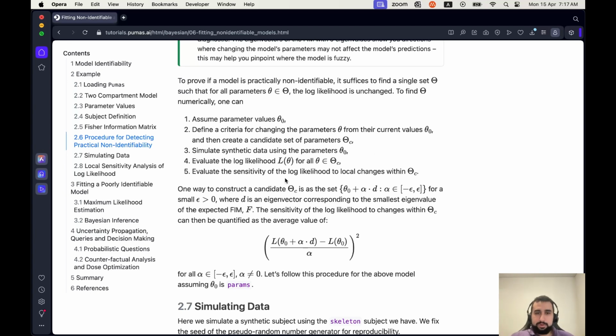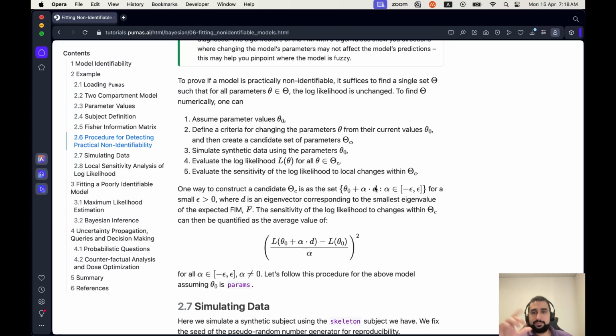The way we're going to construct theta C is using this very simple recipe here. Let's deconstruct this a little bit. We're going to start from theta 0, and then move theta 0 along the direction D by a step alpha. Alpha here is a scalar, theta 0 is a vector whose length is the number of parameters in your model.